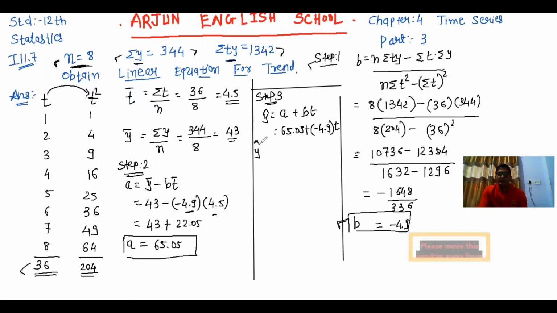So the final answer for y cap is equal to 65.05 minus 4.9t. Now we have to check whether the value of t is given in the question or not. So in this question, the value of t is not given. It means it is our final equation. This is called the linear equation for trend.